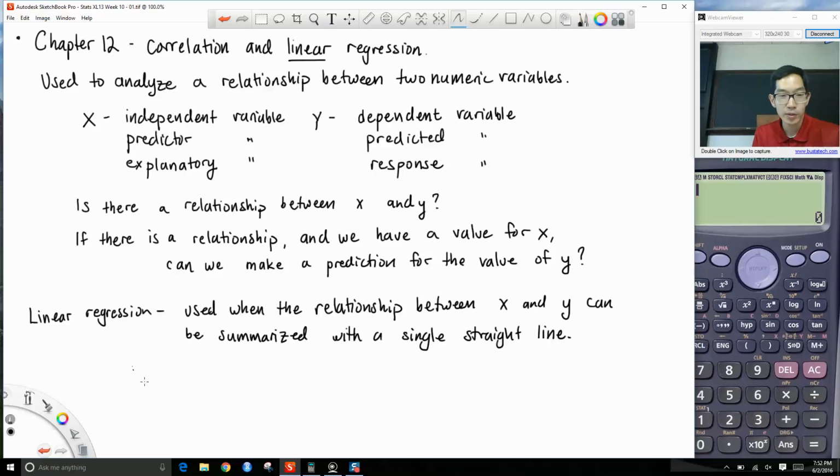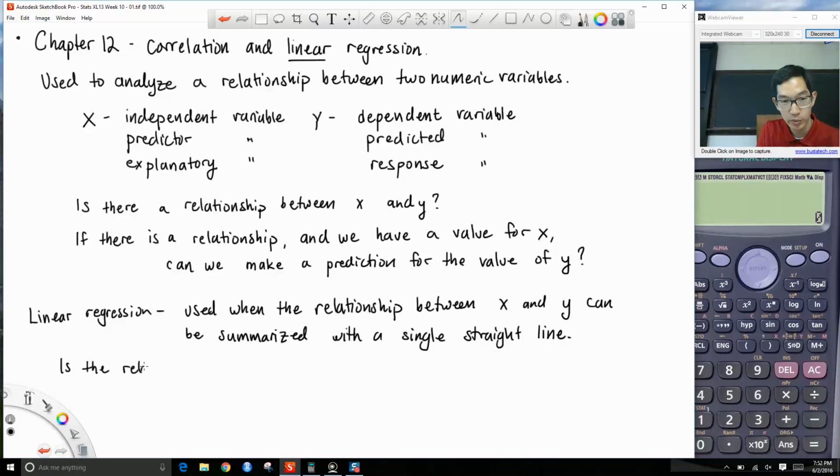So when you look at a data set where you have an x and a y variable and both of them are numeric, your first question should be, is the relationship linear? Is the relationship between x and y linear?